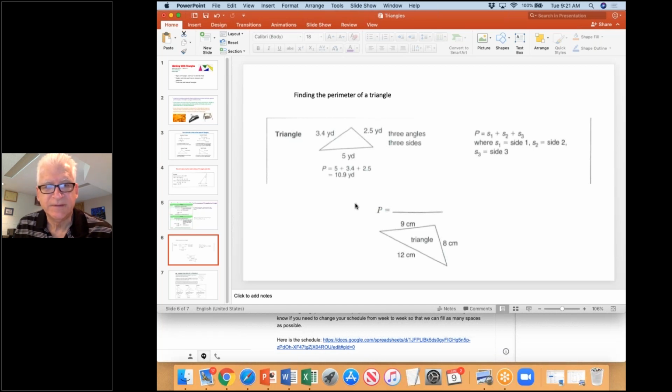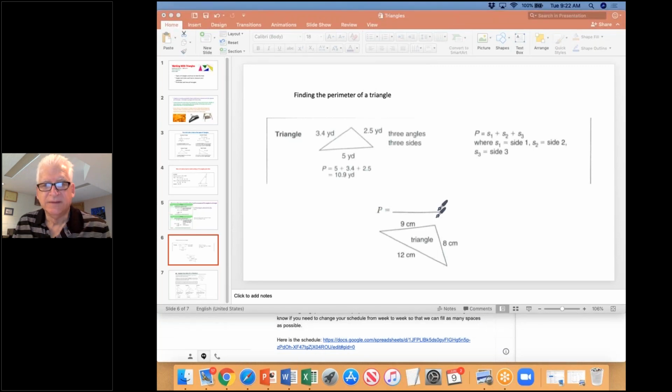So now let's try this problem, where we have a triangle with three sides, 9 centimeters, 8 centimeters, and 12 centimeters. So let's see if I can get my pen back. Looks like I can. Using this formula, P equals side 1 plus side 2 plus side 3.